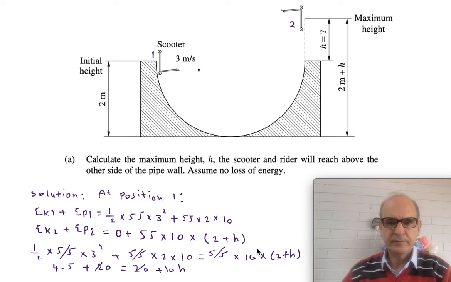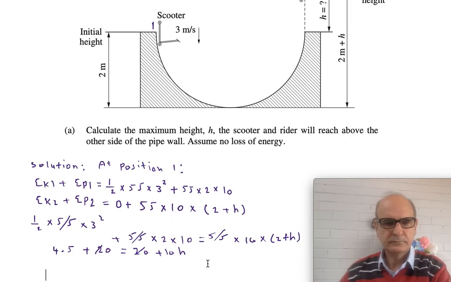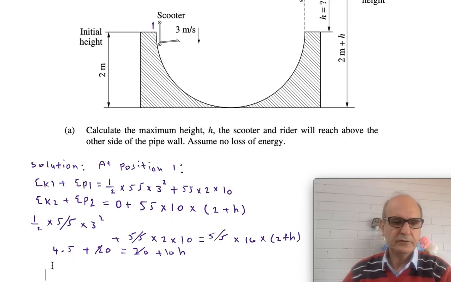So 4.5 is equal to 10h. Then you divide both sides by 10, you get h.